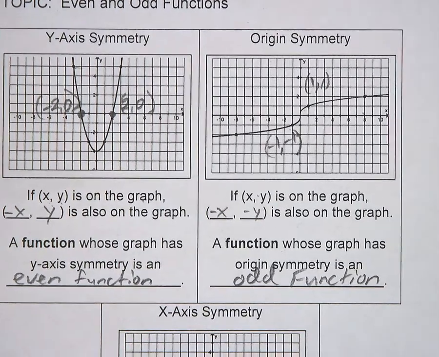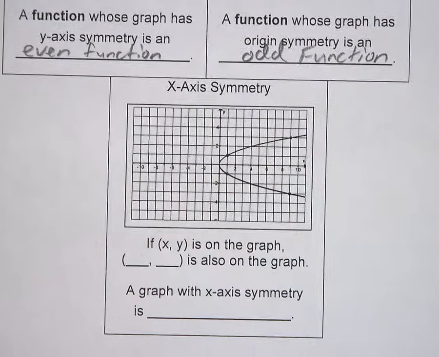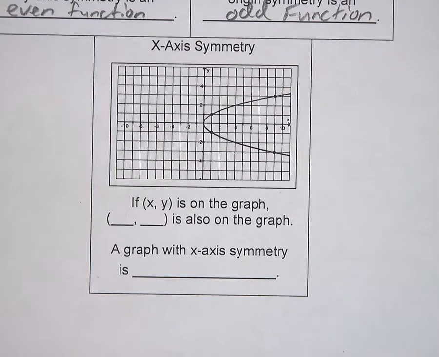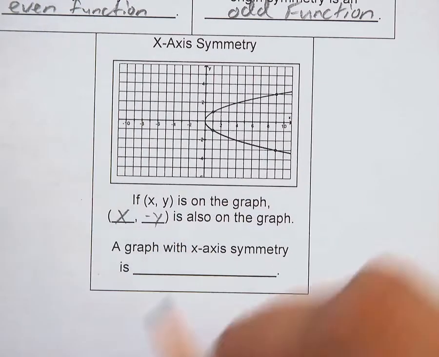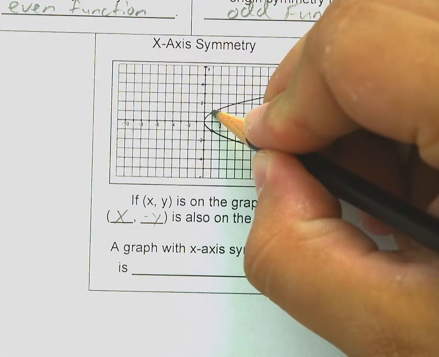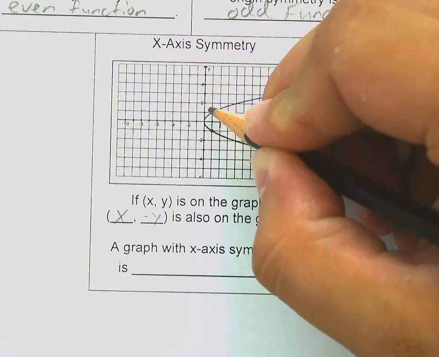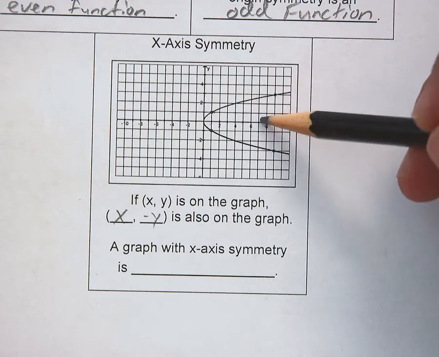So a couple of things about your x-axis symmetry, pretty quickly. X-axis symmetry is when you have x, y, you know that x, negative y is going to be on there. In other words, you have 1 comma 1, and to have x-axis symmetry, it's symmetrical across this axis right here. It's like a mirror looking down into a lake.